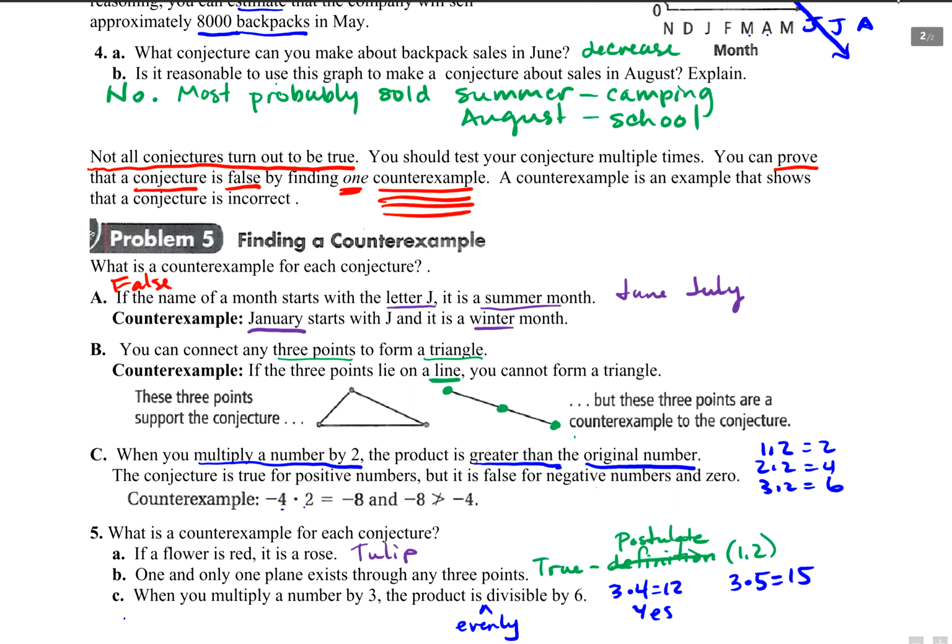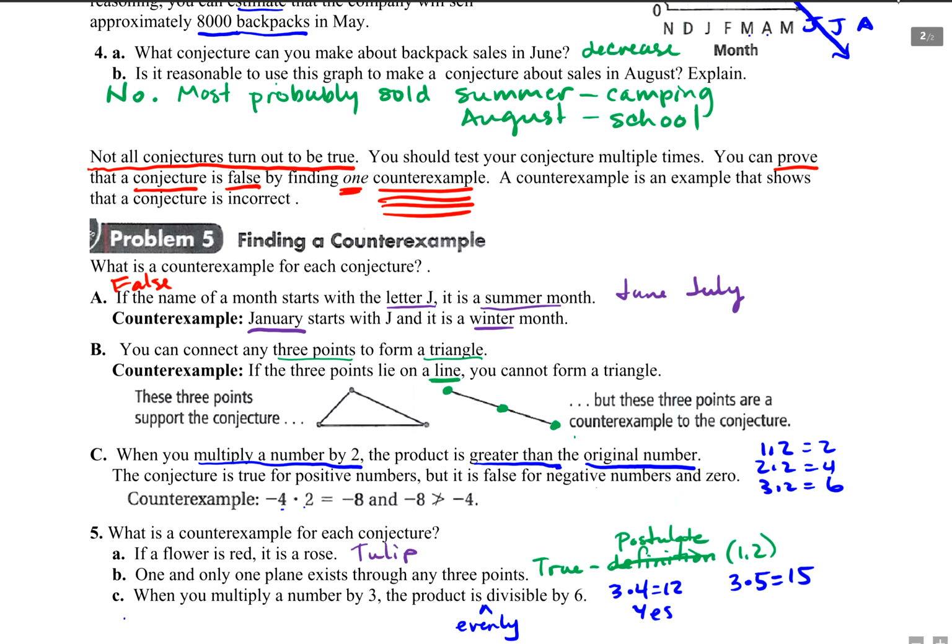All right, and the last one: when you multiply a number by 3, the product is divisible by 6. Now, this is one of my complaints about the book. It should say evenly divisible by 6, because you learned back in like 4th grade, you can divide any number and you get a remainder, which you can turn into a fraction or a decimal.